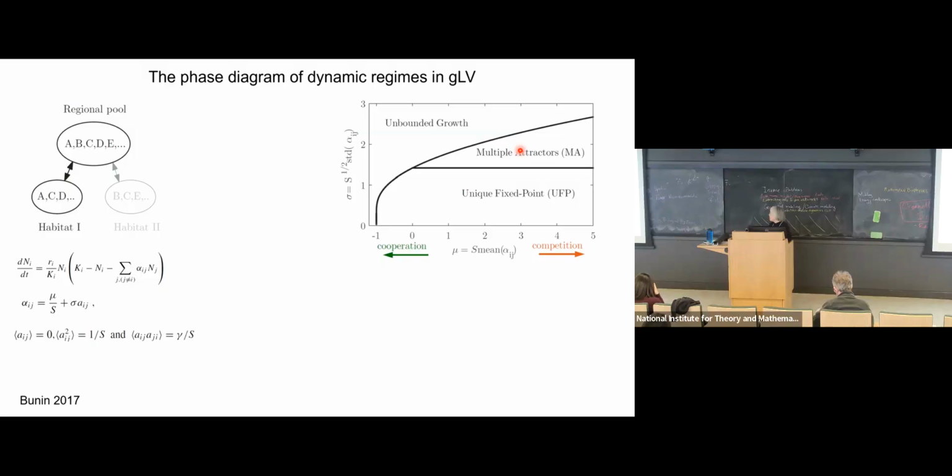You can change the parameters within the sigma. Yeah, but if you have the sigma fixed and the mean fixed, you can have many different interaction matrices. Yes. But they will give you this, because we have done simulations. Of course, we didn't exhaustively do this.